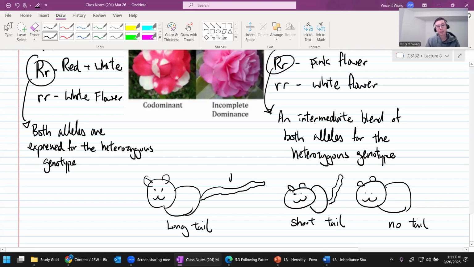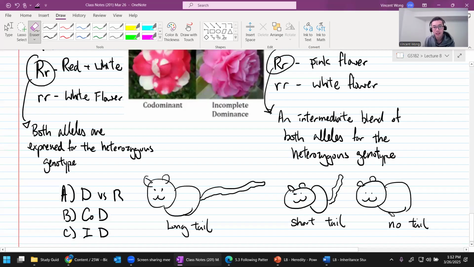Okay. So for the tail length, based on this display, do you think this is dominant recessive, codominant, or incomplete dominant? Let me give you a poll. I'm gonna write it out for you. Do you think it is A, just basic dominant and recessive, or do you think it's codominant, or do you think it's incomplete dominant? Right? We have long tail, short tail, and no tail.